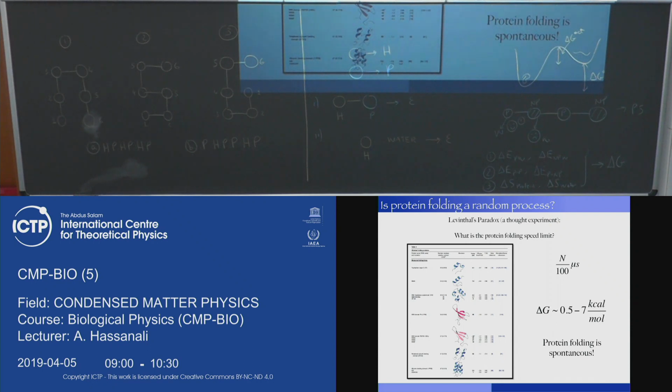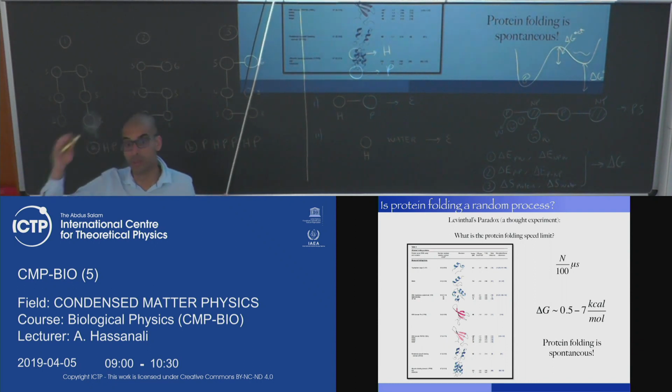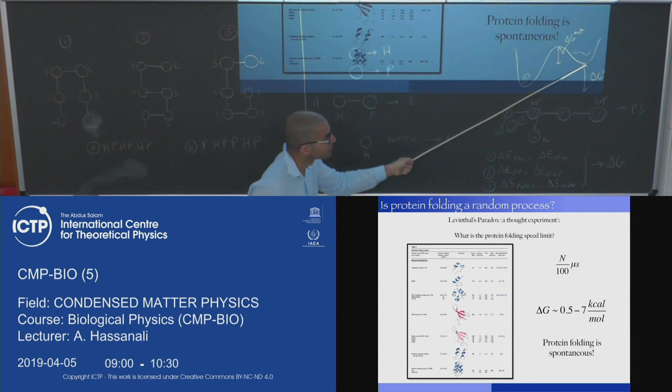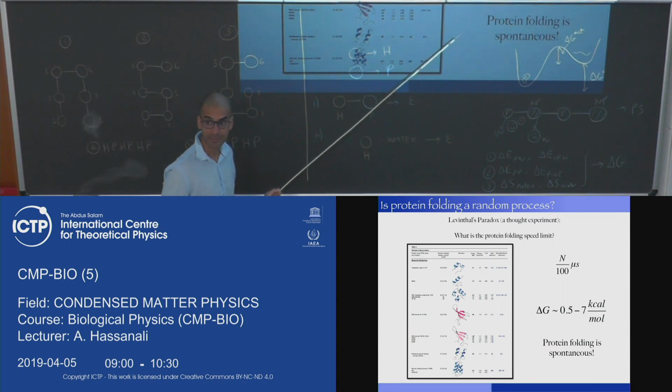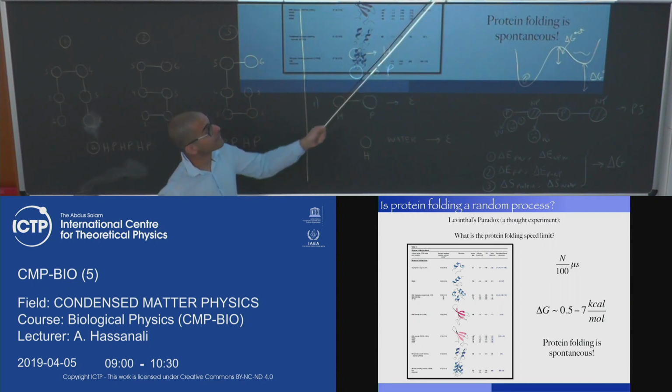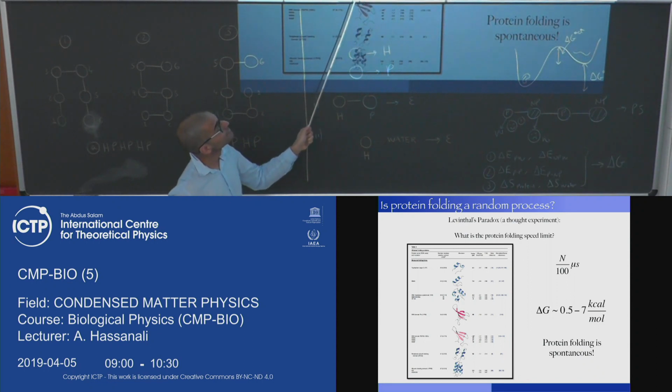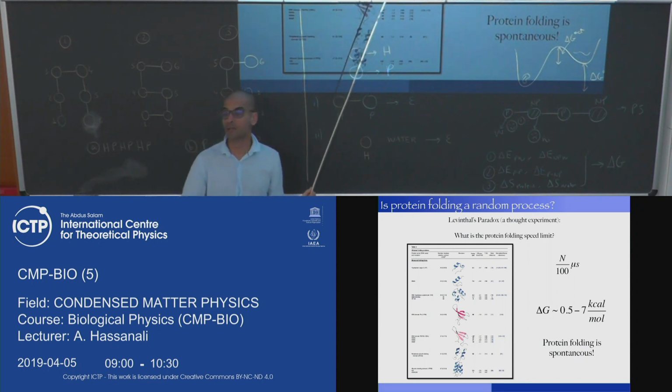So this is about the rate of a process, how long or how slow it takes for the system to hop from this basin to this basin. That time is on the order of microseconds and milliseconds.